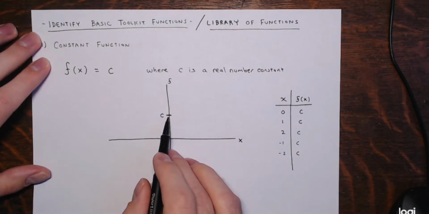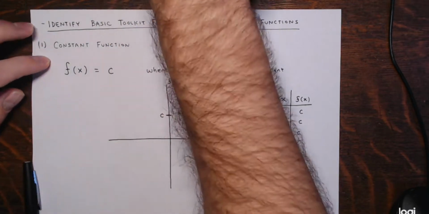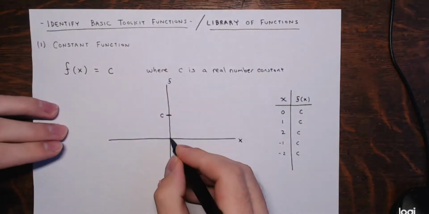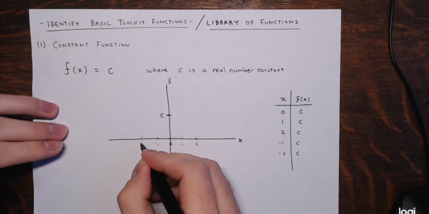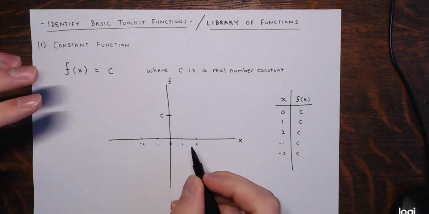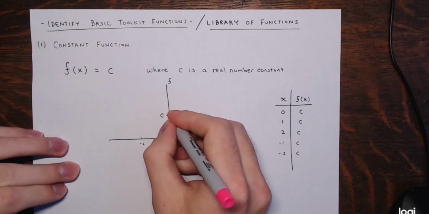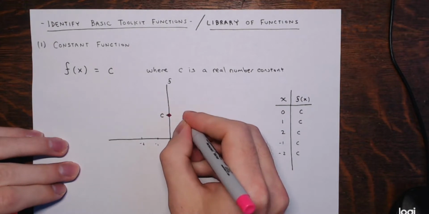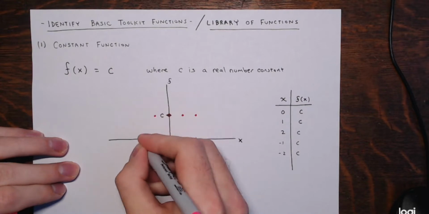You go to c on the vertical axis, and then, like I said, no matter what you plug in for x, 0, 1, 2, -1, -2, 2.5, 1.2, pi, whatever, the output will be c. So there's 0, c; 1, c; 2, c; -1, c; -2, c.